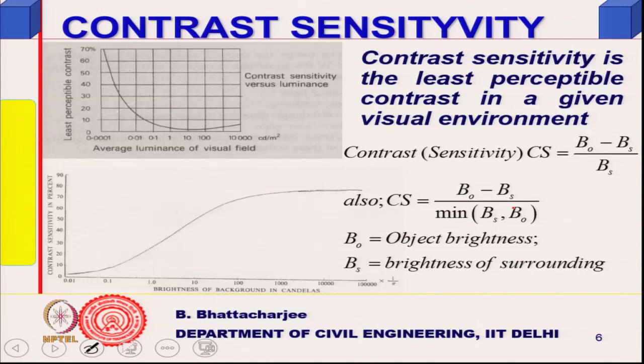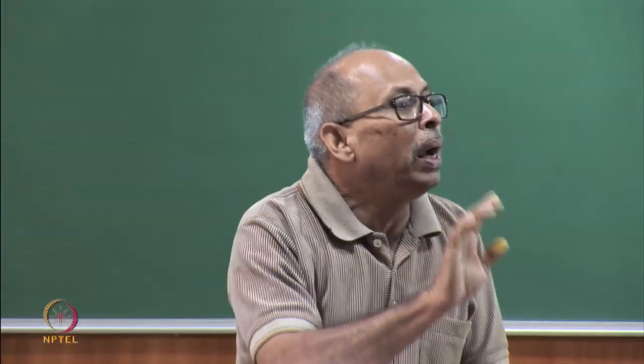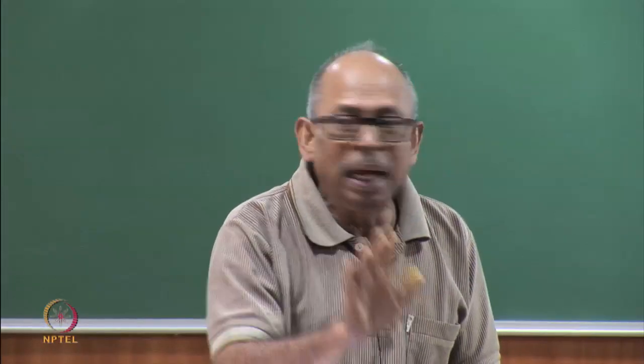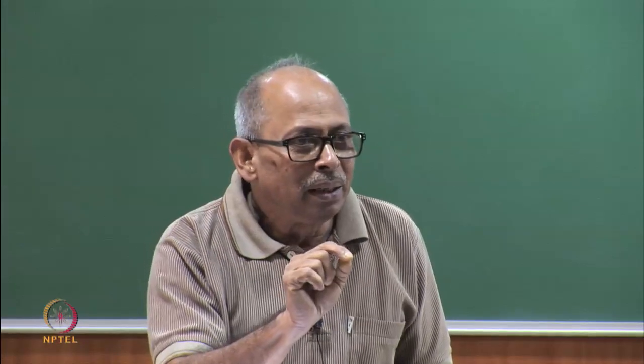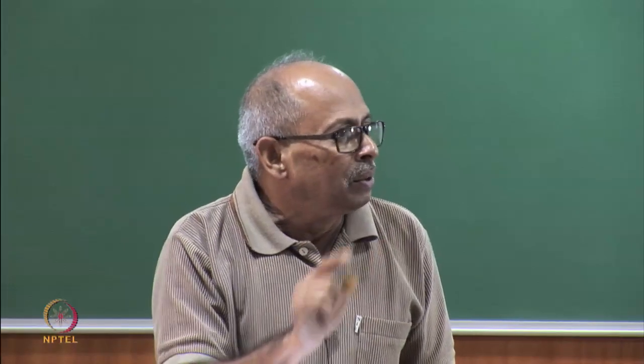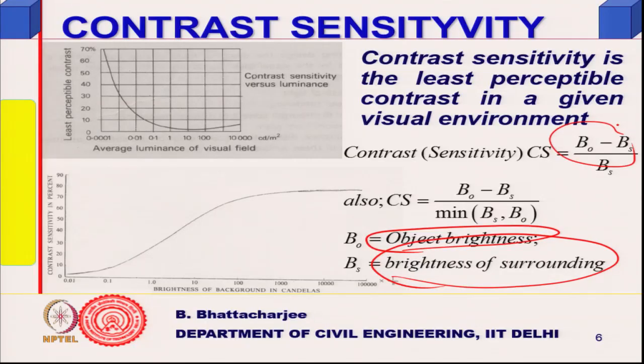Contrast sensitivity is defined as B0, the object brightness, minus the brightness of the surrounding, because with black letters on white background, white paper, black print on white, white is the surrounding and black is the object. The difference between them, or if it is black paper with white letters, then also the same thing, divided by the brightness of the surrounding.